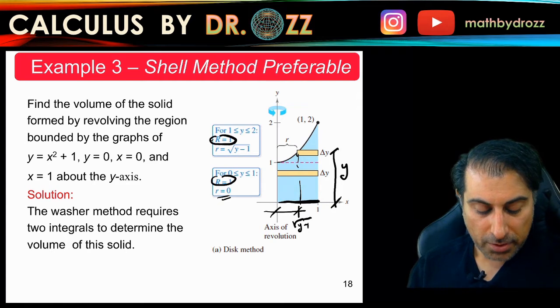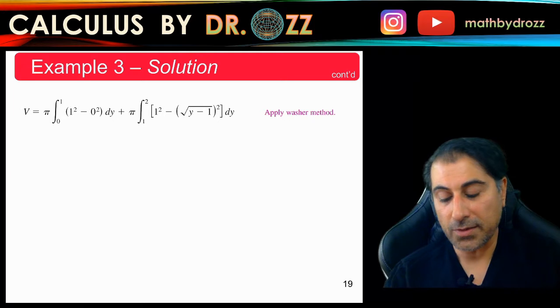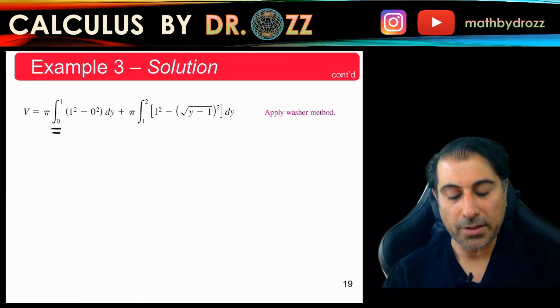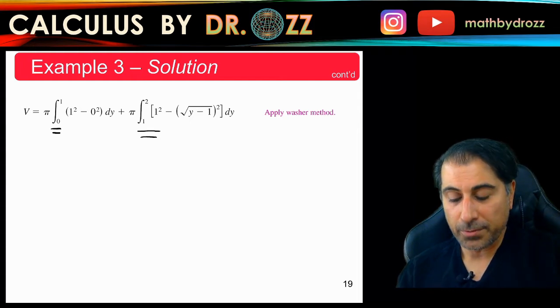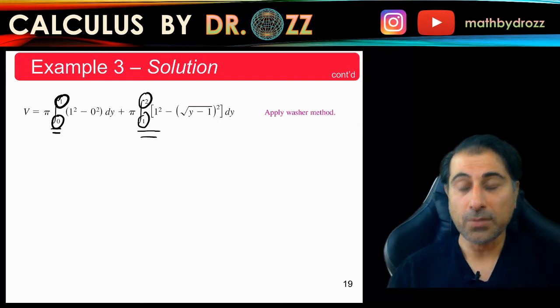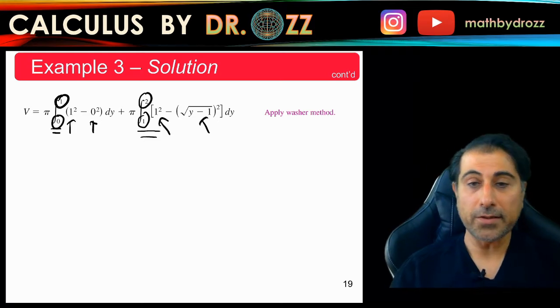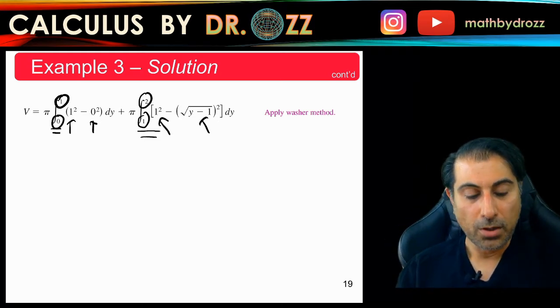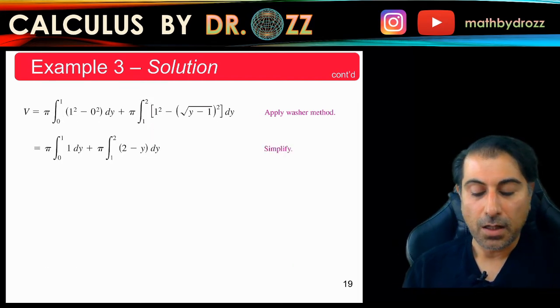Okay, so let's go ahead and write down the formulas for each case. So this is the first subregion, and this one is for the second subregion. Y's in the first subregion are ranging from 0 to 1, and in the second region, you have y's ranging from 1 to 2. And outer radius and inner radius. So you just write them all and simplify the given integrands.